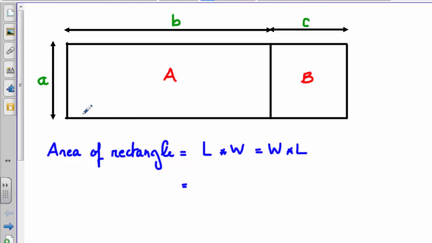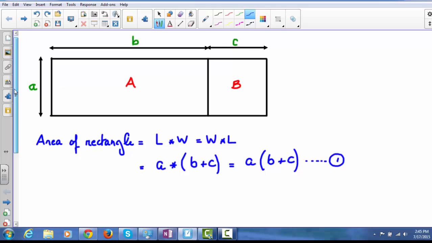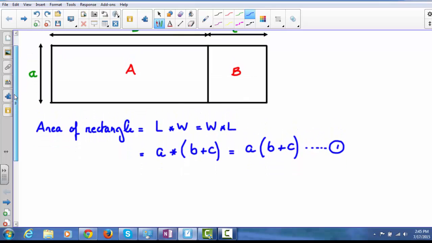So the width is what? A, times the length. The length here is b plus c, and because we don't need the multiplication sign, it's going to lead to a(b plus c), and I'm going to name this relation number 1. Let's see another way to do it.